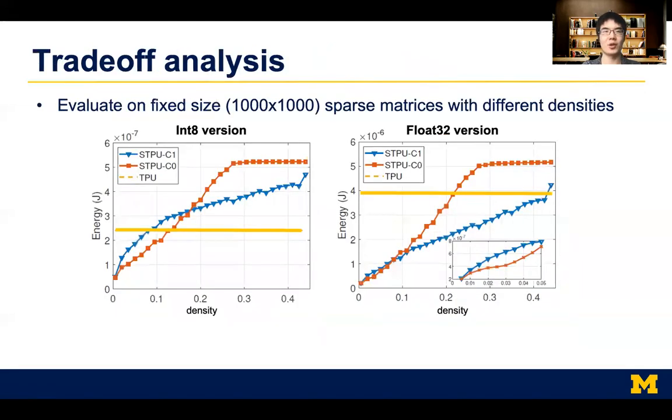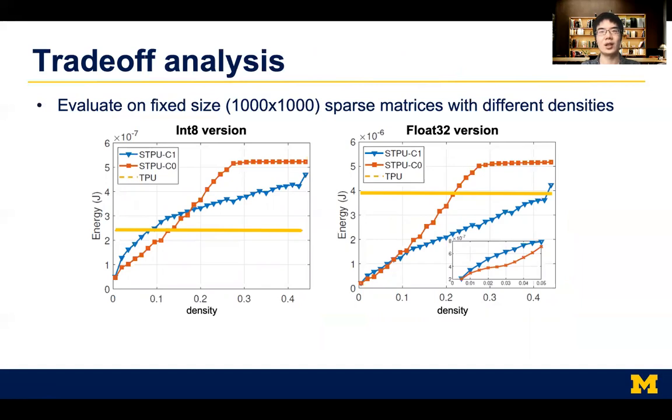Then we perform the trade-off analysis. We evaluate the execution time and energy on fixed-size 1,000 by 1,000 sparse matrices with different densities. We compare the integer systolic array design with its floating point counterpart, as shown in the left figure and right figure.